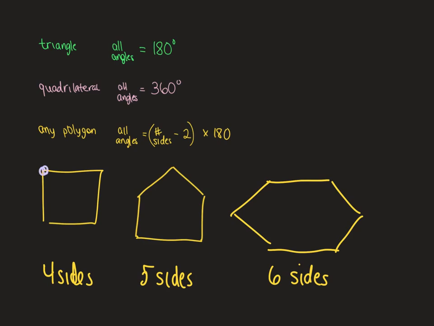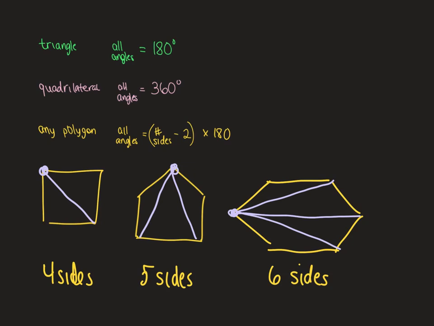If I pick one corner from each of these shapes and I draw a line to any other corner, any other angle, just like this, and then let's see, I can go to this corner, and this corner. 4 sides, square, rectangle, parallelogram, 4 sides makes 2 triangles.